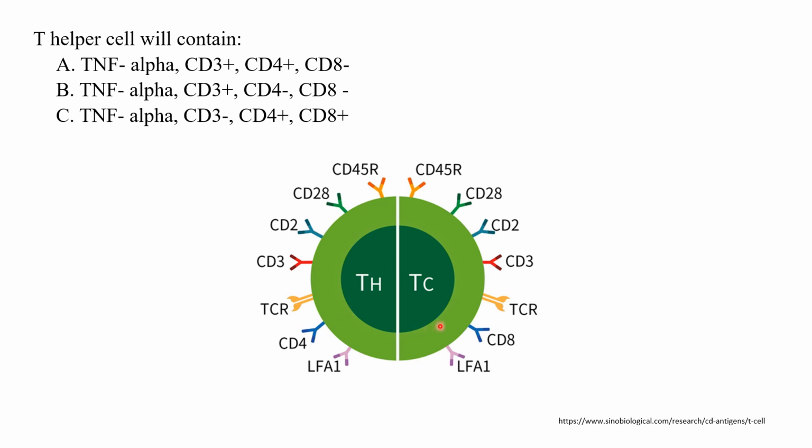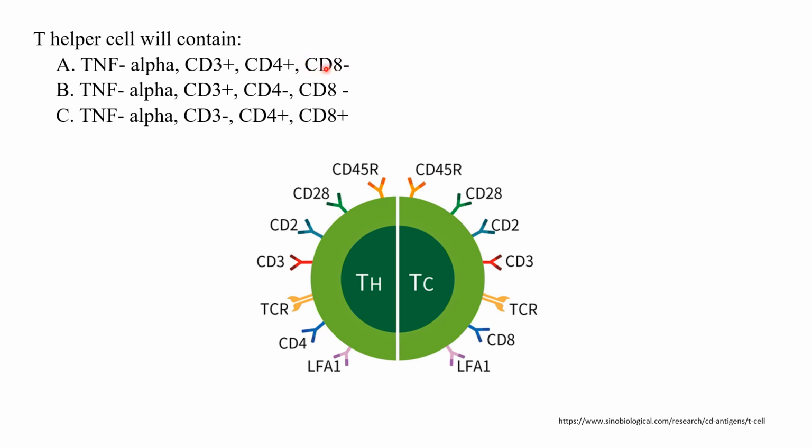Cytotoxic T cells, that is TC cells, have unique CD8 markers for their recognition. So, from the options, we have to find CD4 plus and CD3 plus, which is the first option. And it does not have CD8, so CD8 minus.